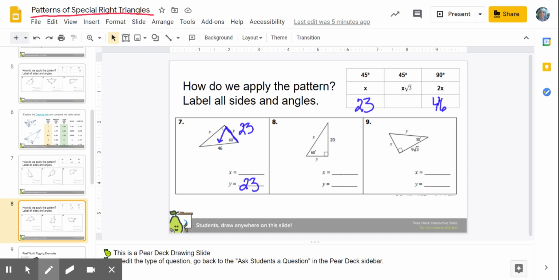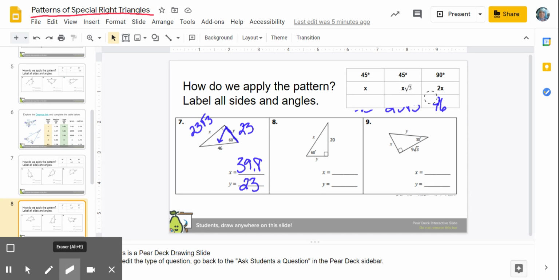And then that medium side is going to be 23 on the square root of 3. 39.8. Is it starting to make some sense? Good.